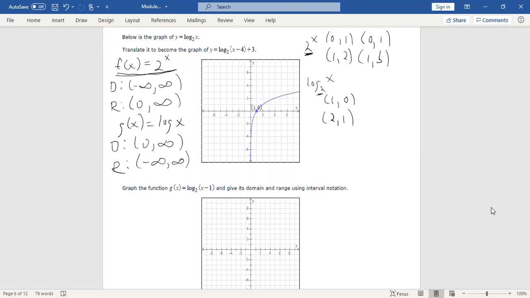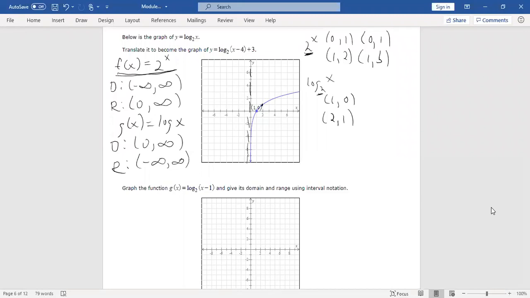Okay, so when we look at this graph again, we have something called a vertical asymptote. Notice our graph doesn't go to the left of the y-axis. So there's really an imaginary line that comes down our y-axis that the graph approaches as it goes down, but never touches or crosses. Notice this graph goes through the point 1, 0, and it also goes through the point 2, 1, just like we said.